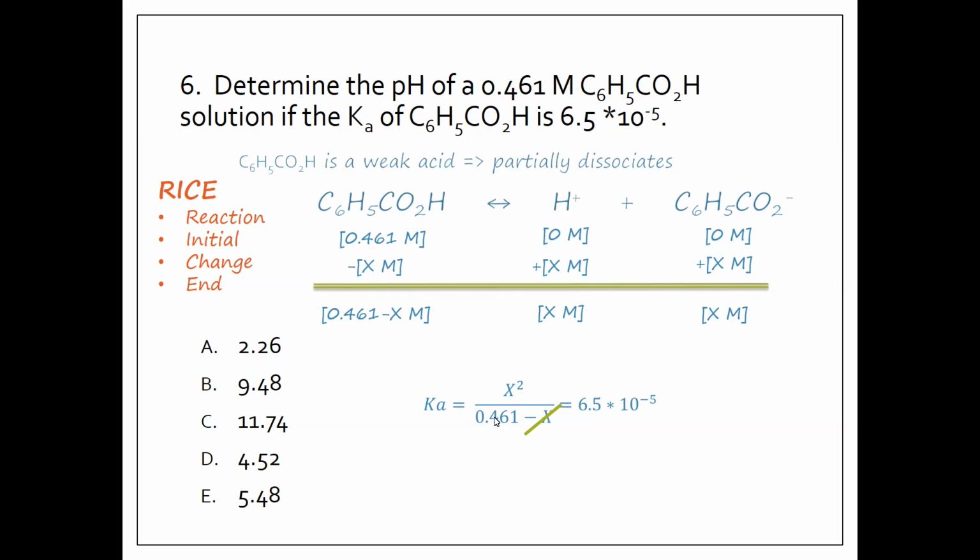So now I just have to multiply both sides by the 0.461 and take the square root to find X. The X, remember, is the concentration of the H plus. It's also the concentration of the conjugate base. And so I'm looking for the pH, and that's the negative log of the H plus. So I can do the negative log of X, and that's where I'm getting 2.26 as the value.